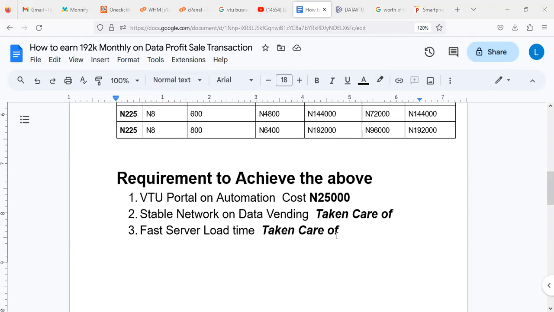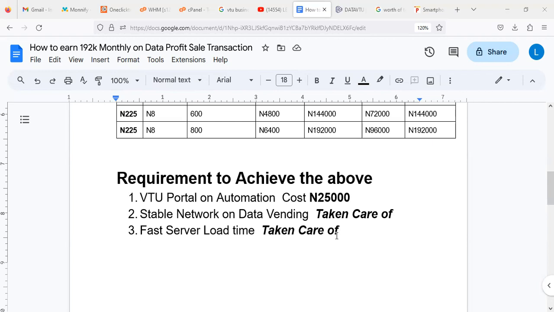What we mean by stable network on data vending is that most VTU websites that you see out there, most of them that you register, or maybe have come in contact with, or maybe you have heard a friend say, some of the things that you usually hear is the story like, okay, network is not always there. Sometimes network is bad. In this solution we are building for you, where you are getting from our company, there's nothing like that. Everything is automated, and network, even if it is midnight, can actually buy the product. So that has been taken care of.